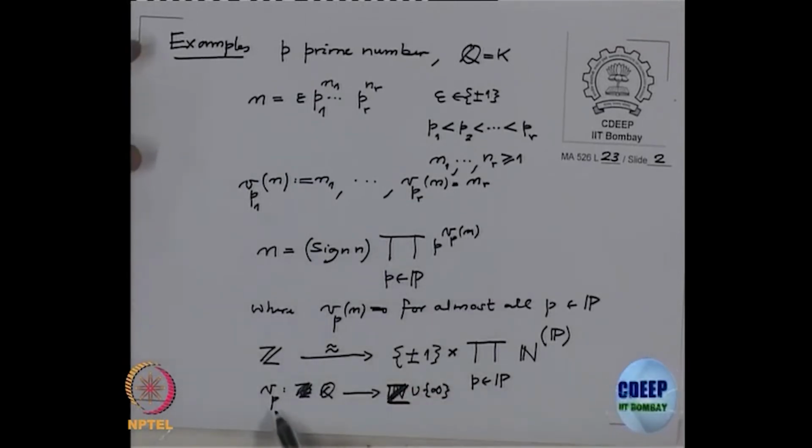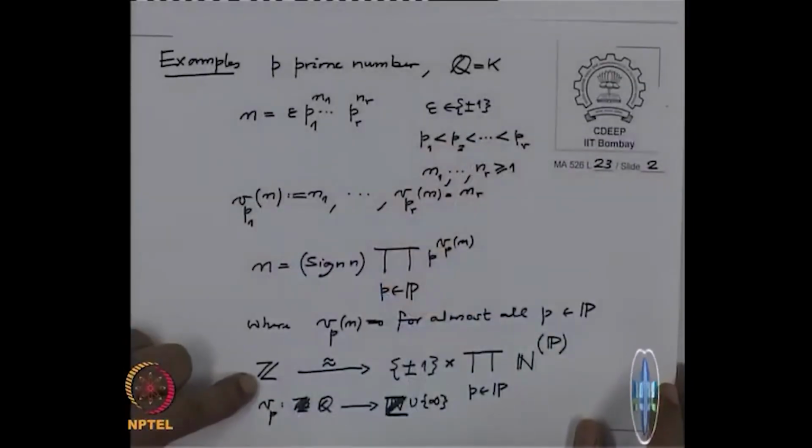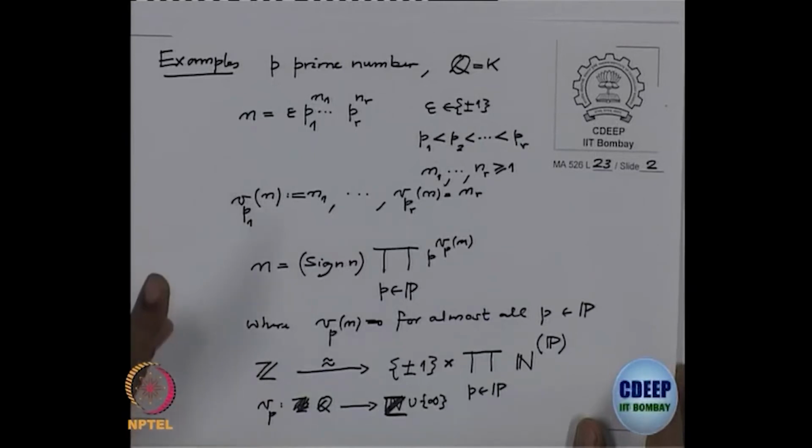Each P will give you a discrete valuation on Q, and there is one extra that we will see. And we can imitate this; there is nothing special about Z, you can imitate it for the polynomial ring in one variable over a field, which is a PID.